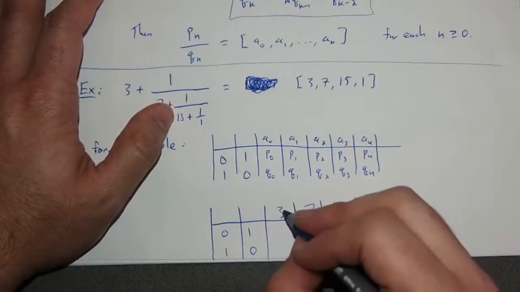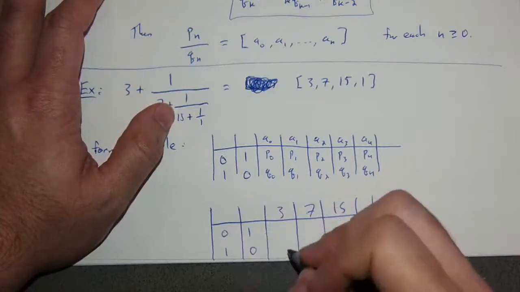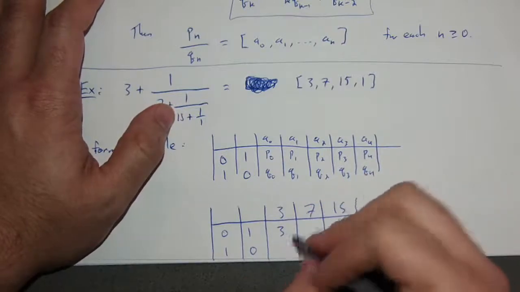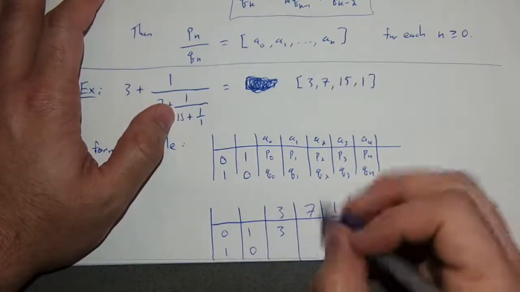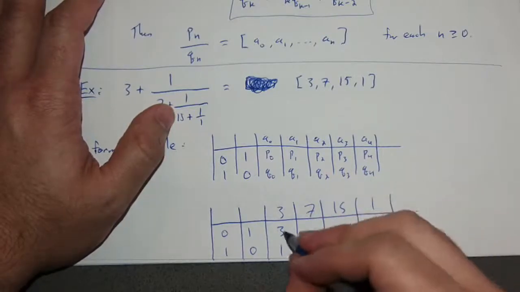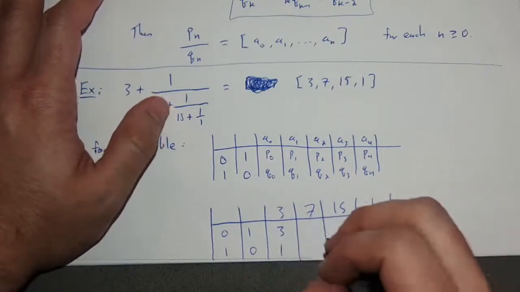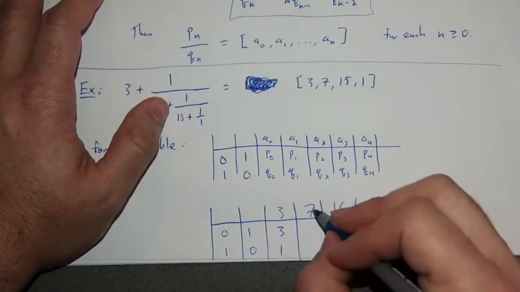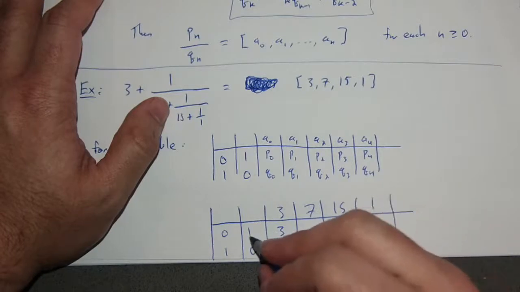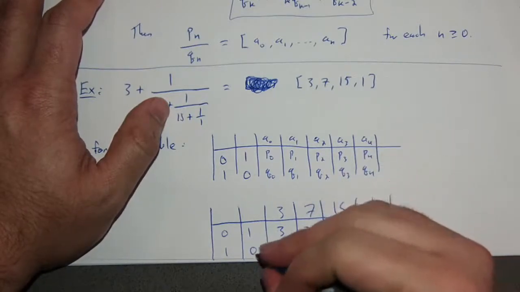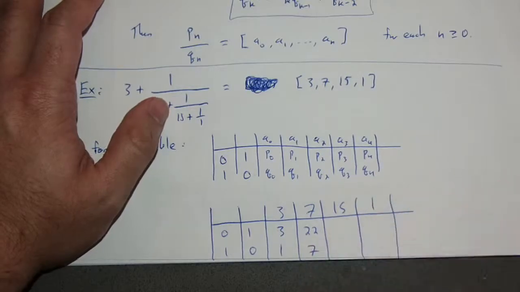So 3 times 1 plus 0 is 3. If I want the entry in this row, it would be 3 times 0 plus 1, so 1. I do the same thing for each of these, using the numbers immediately previous. So this would be 7 times 3 plus 1, that's 22. 7 times 1 plus 0, that's 7.